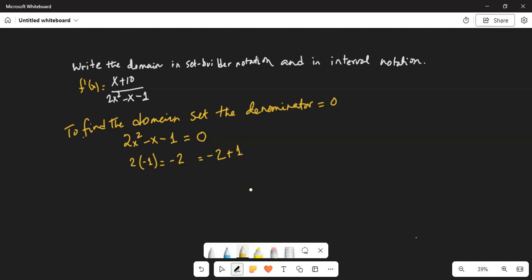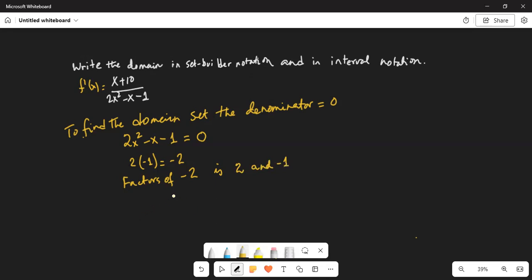Sorry, I got that wrong. So let me correct it. Okay. So factors of minus 2 are 2 and minus 1, right?